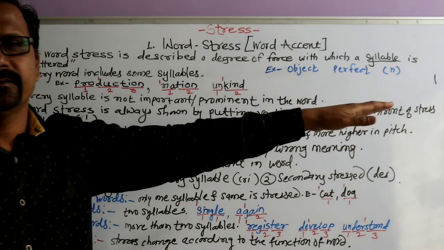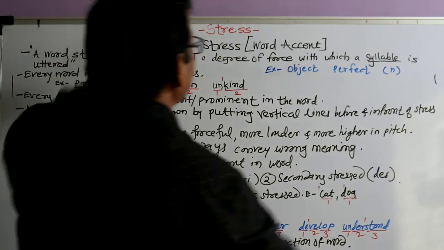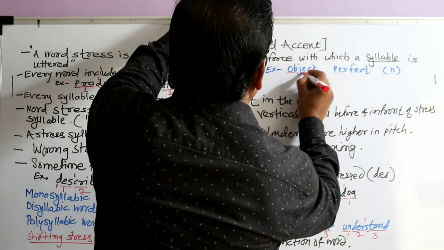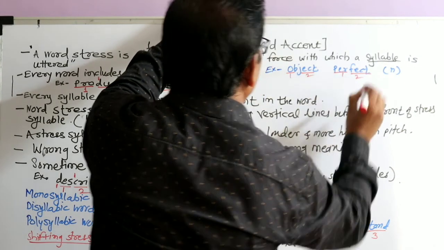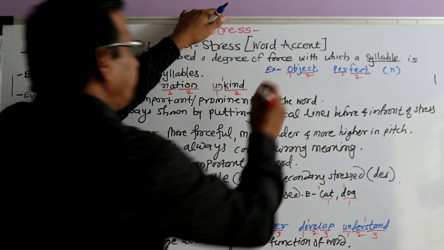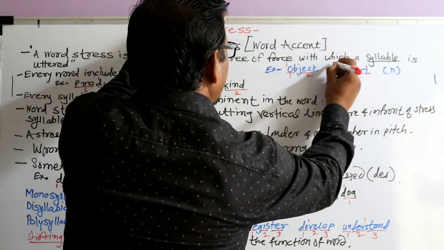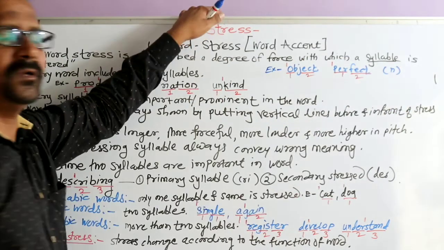Here both words are playing their role as nouns. Object, perfect, 1, 2, 1, 2. So the first syllable is stressed there when they are playing their role as a noun.